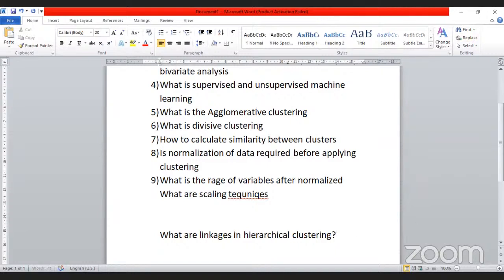Now we know what the linkage is in hierarchical clustering. The next question is, how to decide the number of clusters in hierarchical clustering?